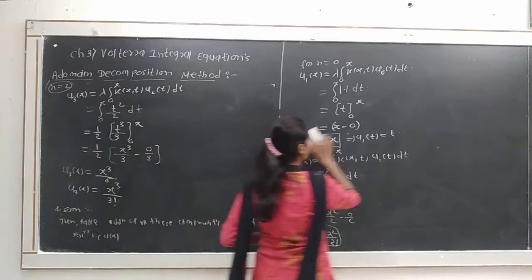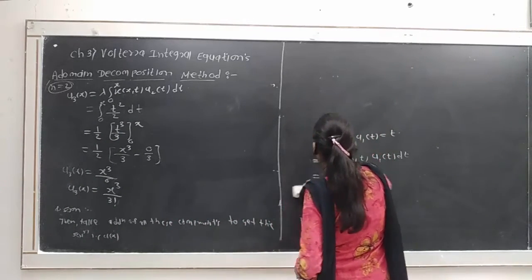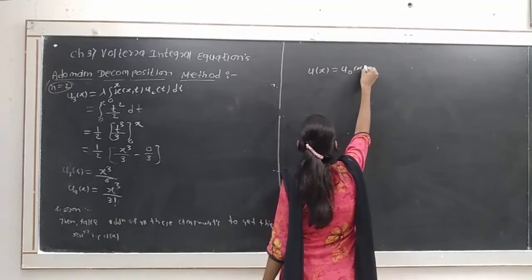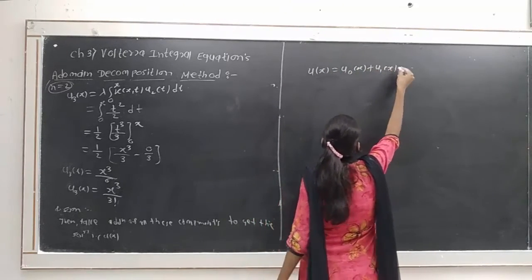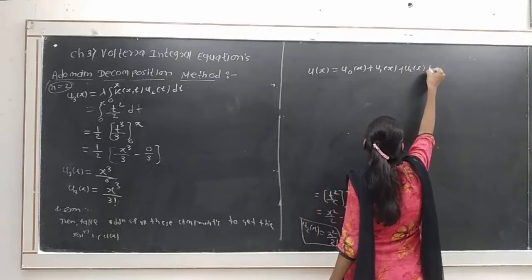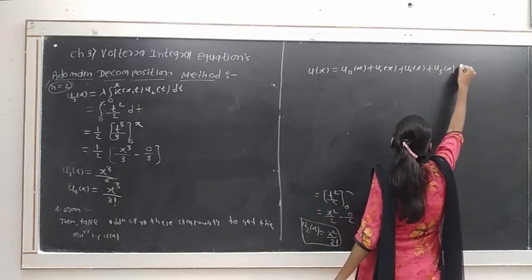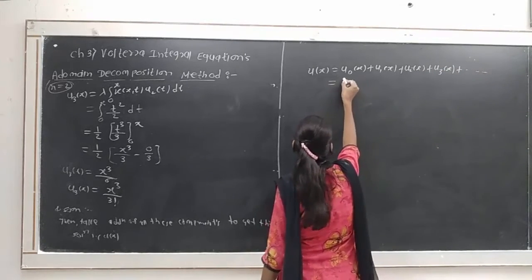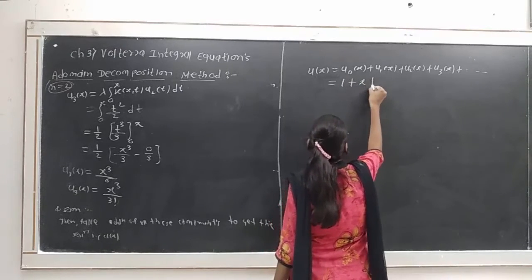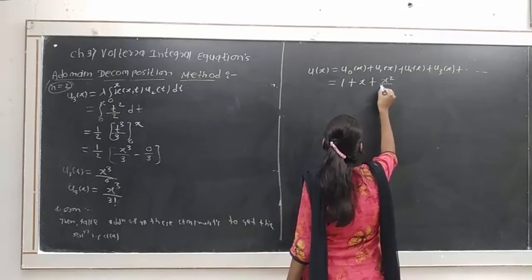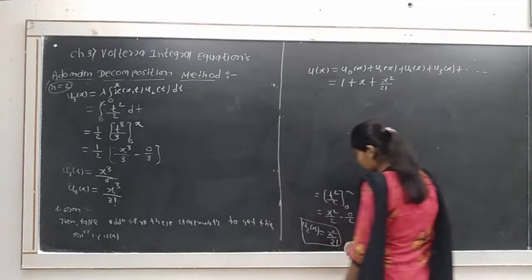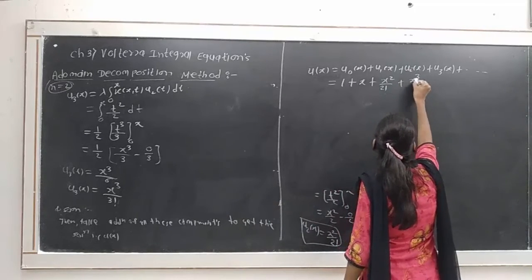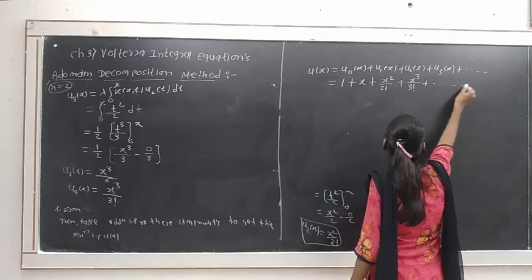So we write u(x) equal to the addition of u0(x) plus u1(x) plus u2(x) plus u3(x) and so on. So u0(x), that is f(x), will be 1. Then u1(x) we get x. u2(x) will be x square divided by 2 factorial. Then u3(x) we get x cube divided by 3 factorial, and so on.